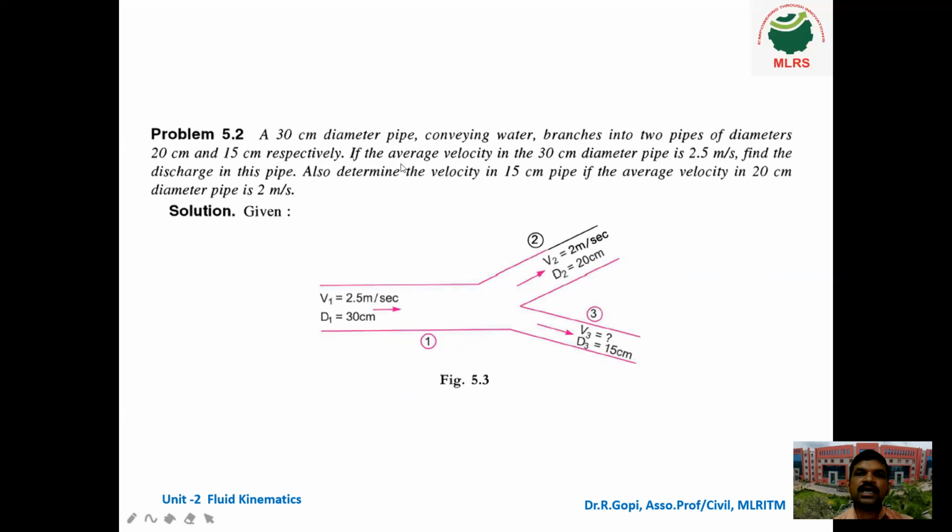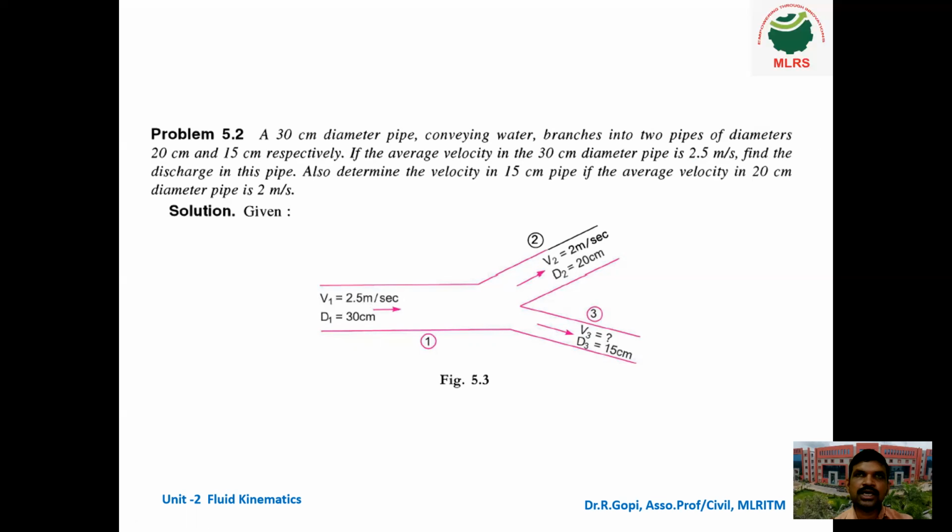If the average velocity in the 30 centimeter diameter pipe is 2.5 meter per second, that means the first pipe velocity is V1 equal to 2.5 meter per second. Find the discharge in this pipe. Once we know D1 and V1, we can easily calculate the discharge.